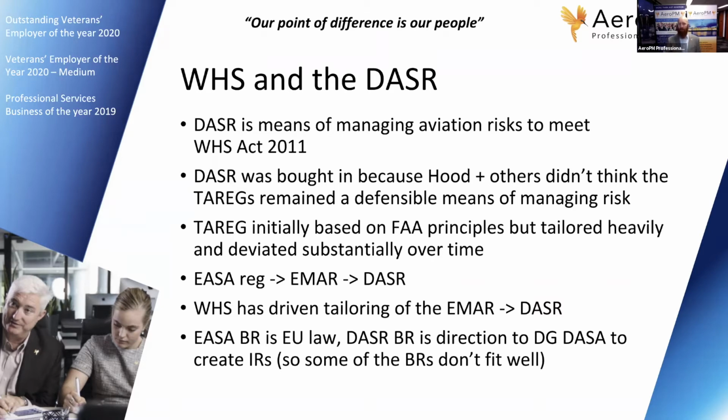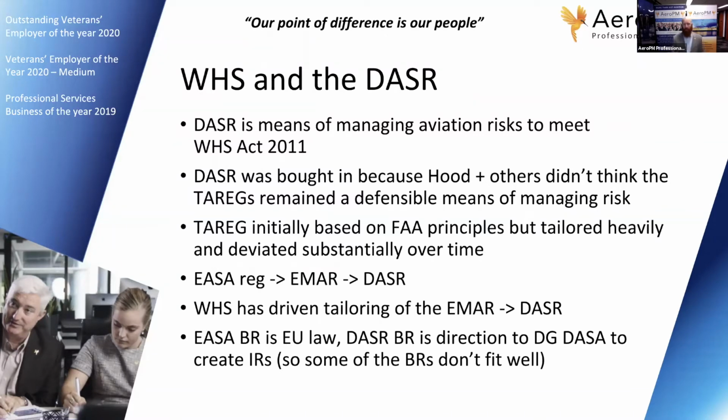EASA then issues the implementing regulations to say, hey, countries establishing an airworthiness regulator, here's a suggested way to go about it. You have these things in law, these obligations that you must complete, you must establish this framework. Here's a good way to do it with these implementing regulations.